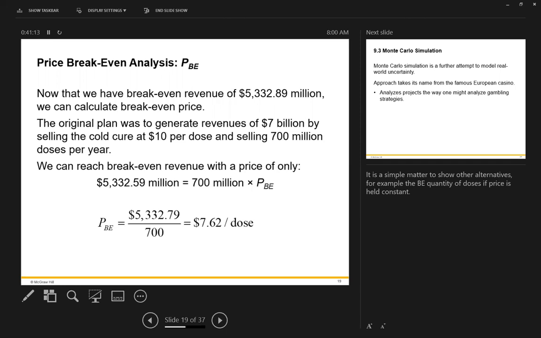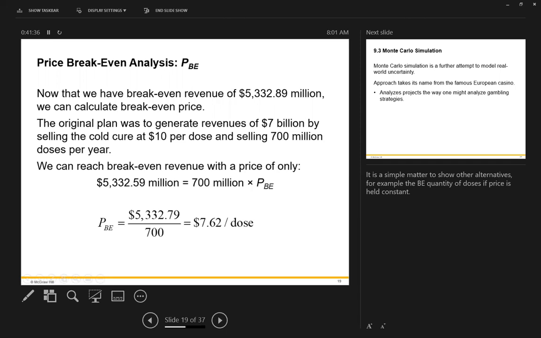We can reach break-even revenue with a price of only $7.62 per dose. The amount of revenue we need divided by the expected sell amount we're selling. Because the expected amount to sell times the price per dose will give us our revenue.